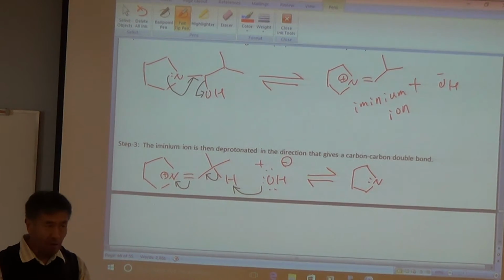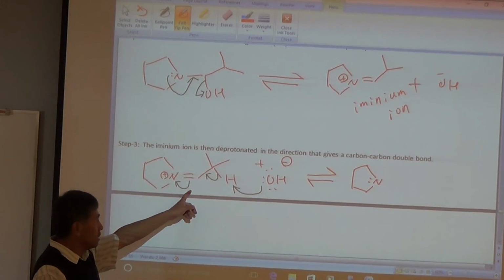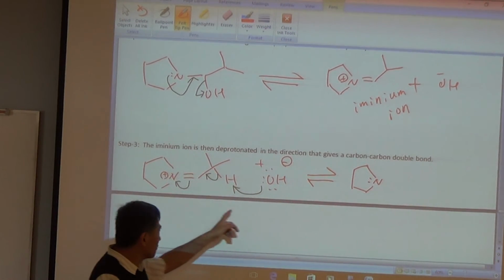Alright, so now you have a lone pair of electrons on N. This lone pair of electrons comes from this pi bond.